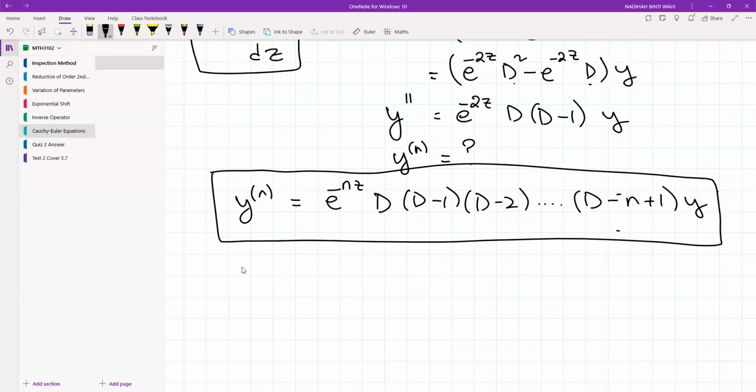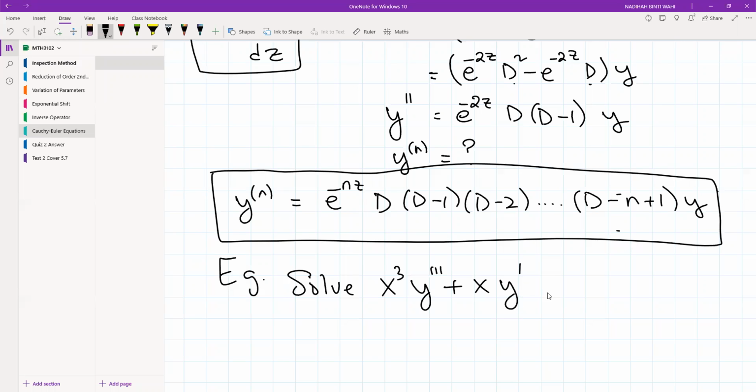Okay, an example. Solve x cubed y triple prime plus x y first derivative minus y equals x ln x.